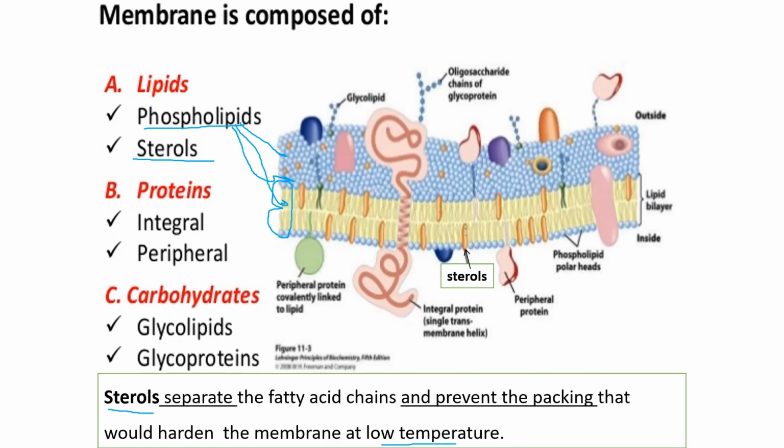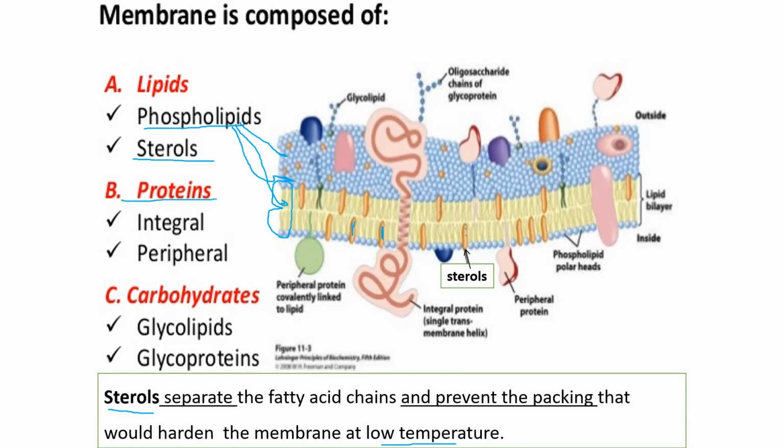So this is what maintains fluidity. So our cells are not rigid and do not break down at low temperature. They are fluid and flexible because we have sterols, lipids which prevent packing of the fatty acids.